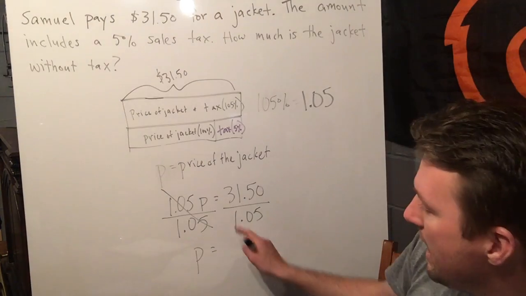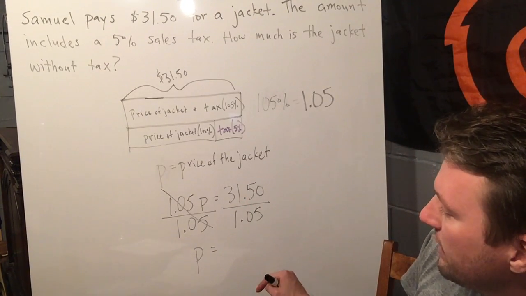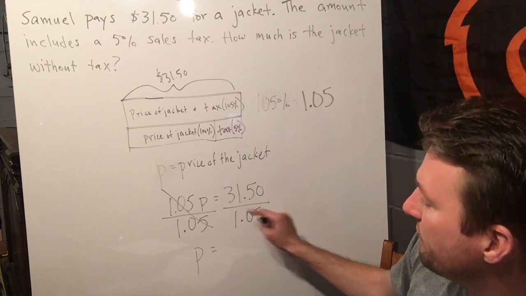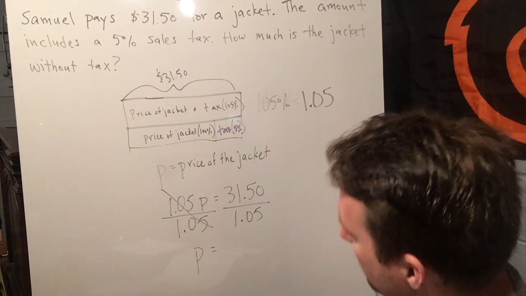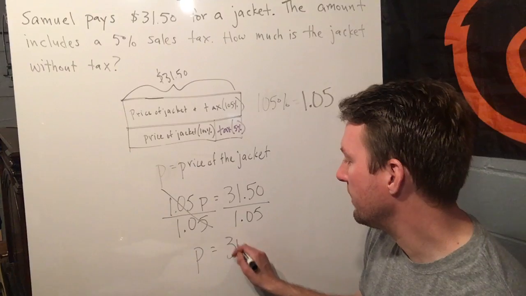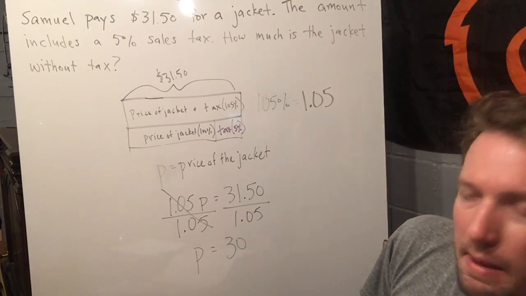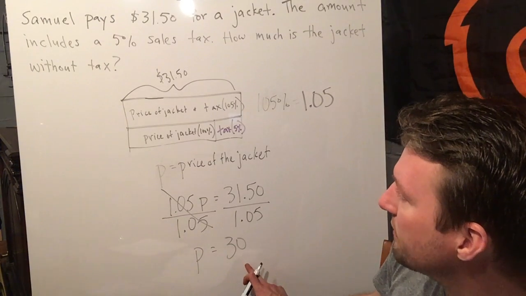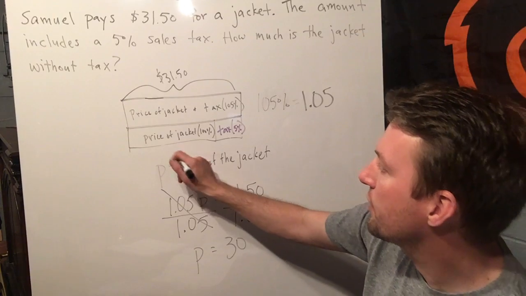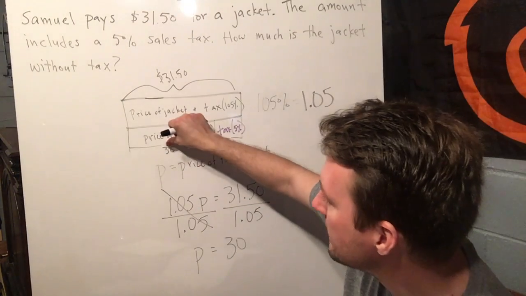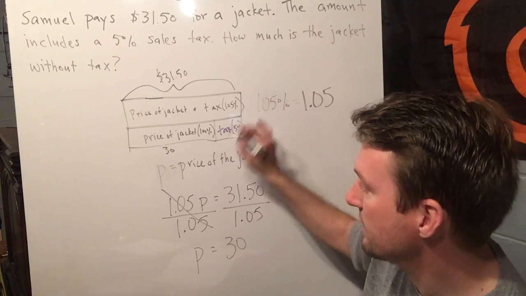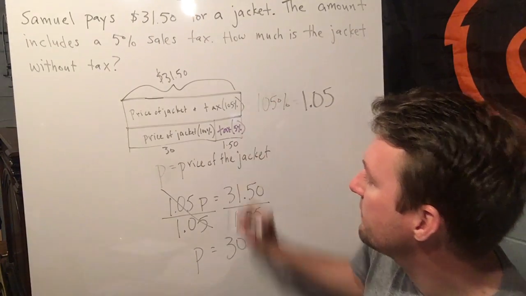And then on this side, I have 31.50 divided by 1.05, excuse me. And when we do that, that comes out to 30. Now, what that means is the price of the jacket would be $30, which means our tax would be, didn't ask for it, $1.50.